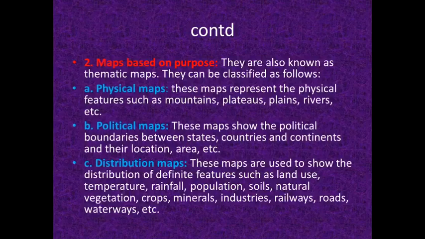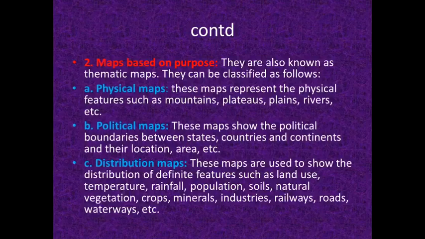Physical maps. These maps represent the physical features such as mountains, plateaus, plains, rivers, etc. Political maps. These maps show the political boundaries between states, countries, and continents and their location, area, etc. Distribution maps.